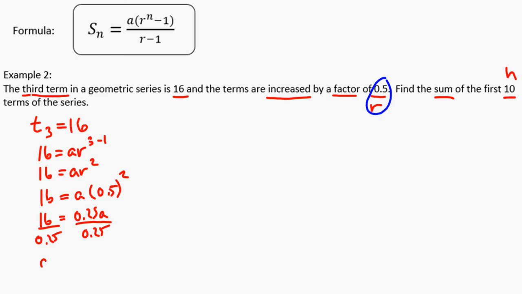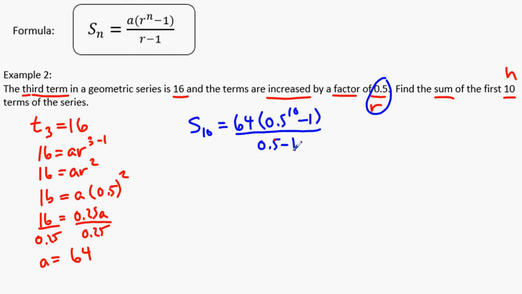So I get A is equal to 64. All right, so I have A, and I have R, and I have n. So this is now just a substituting formula. So I know S10 is equal to, I have my A value now, so 64, bracket 0.5 to the exponent of 10, minus 1, all over 0.5 minus 1.